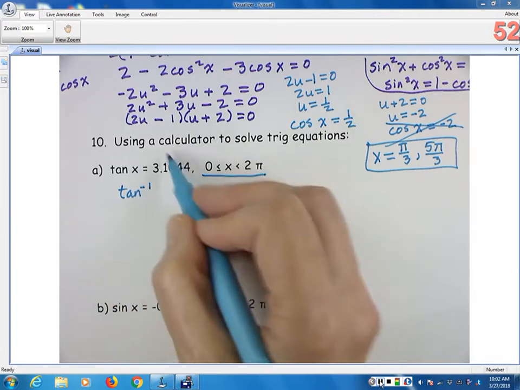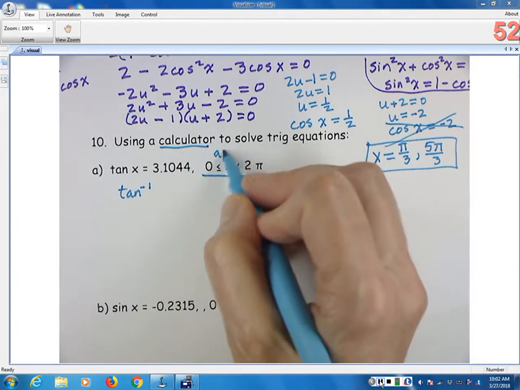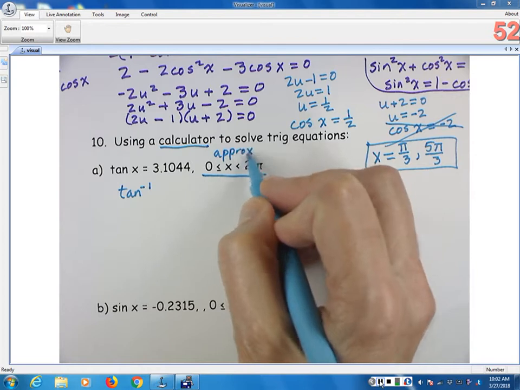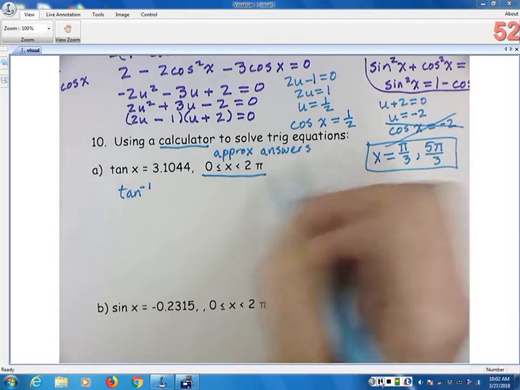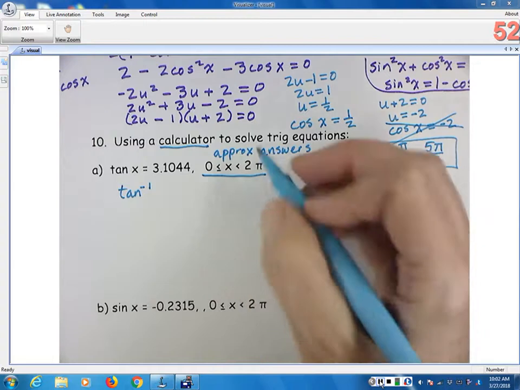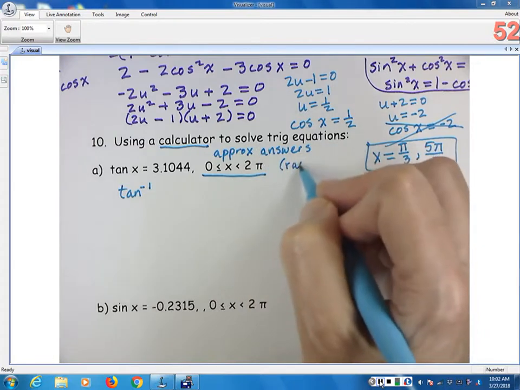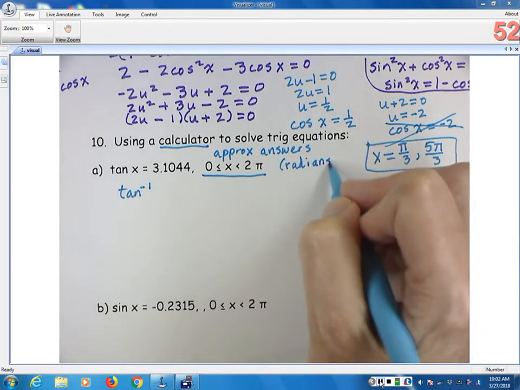We're using a calculator, so we're going to find approximate answers. This is all going to be in radians, right? Yes, it's in radians because we say x should be between 0 and 2π.